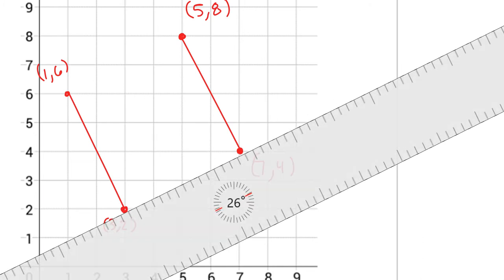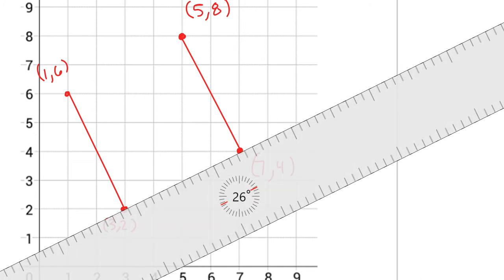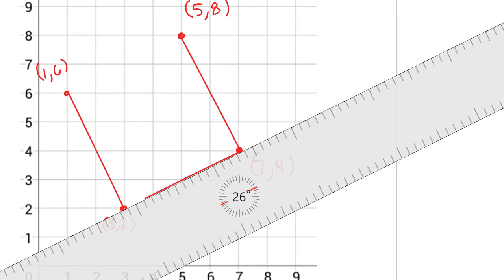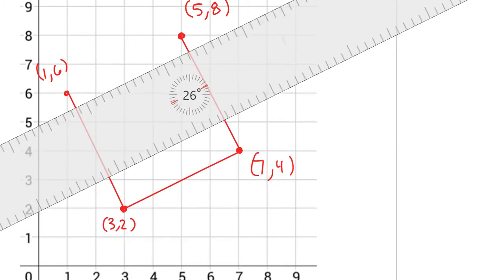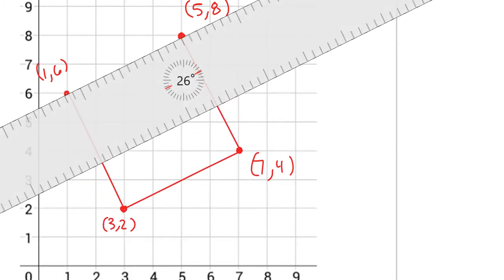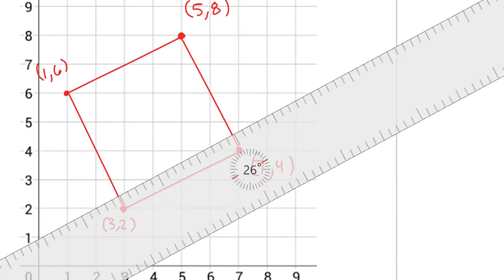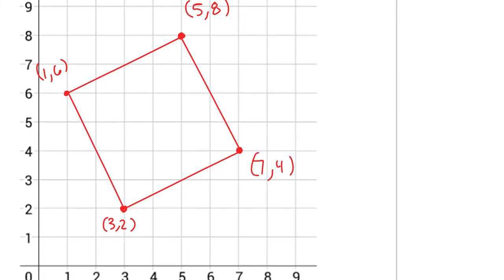It appears that it could be a square or at least a rhombus. It appears that it's got sides that are all the same length. So if I look at this, you can see, for example, this is a 2 by 1, 2, 3, 4.